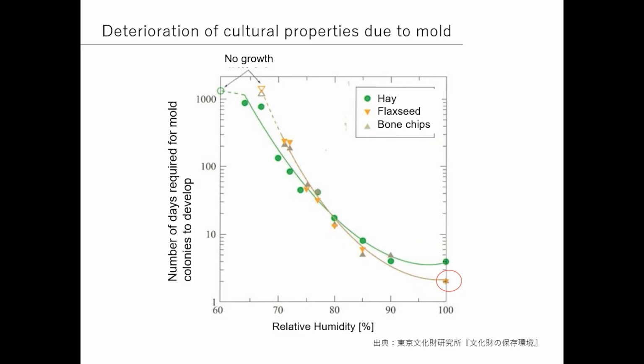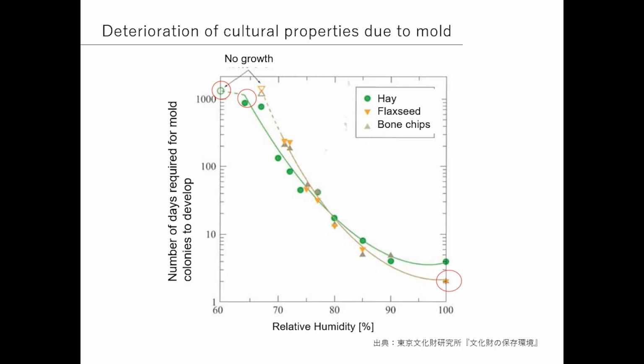As the relative humidity of the surrounding environment decreases, the time required for colony growth also increases. It takes 1,000 days, or about 3 years, for colonies to develop in an environment with a relative humidity of 65%, and no mold growth may be observed at a relative humidity of 60%.